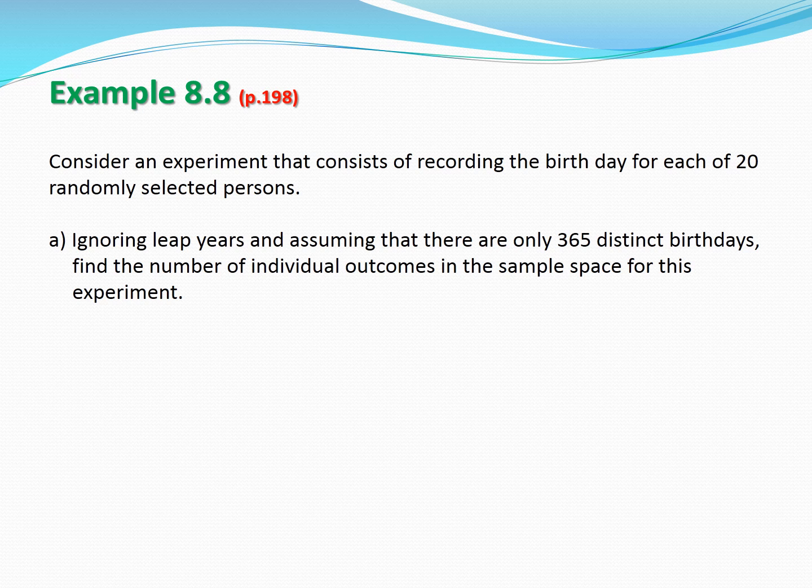And then they want you to find the total number of outcomes in the sample space. Okay, so the first person has 365 possible days that he can celebrate his birthday. The same for the second person up to the 20th person. So we will multiply that 20 times. So in short, your total number of outcomes in the sample space will then be 365 to the power 20.